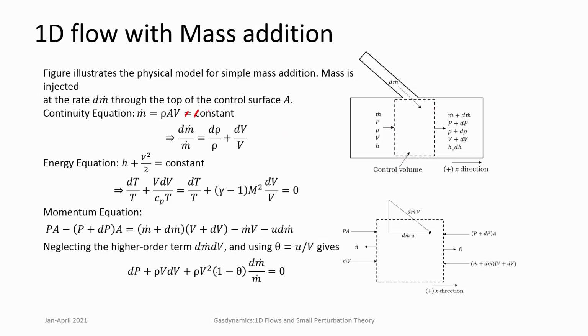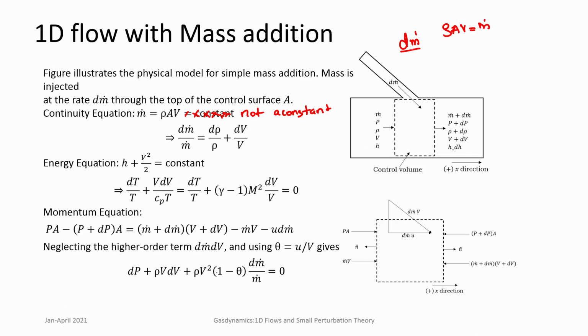So, m dot is not a constant anymore, there is a variation of m dot, and you can get the differential equation from this quantity, d m dot by m dot. Rho A V is the mass flow rate through a particular cross section, that is m dot.